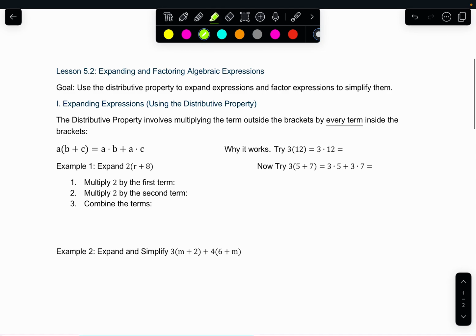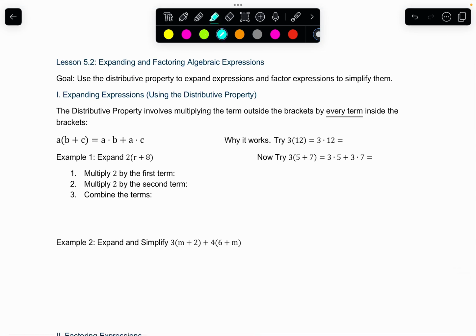Looking at the example provided, it's A times B plus C. That little space between the thing outside the brackets, which is our A, and the bracket just means multiply. So if we have A right next to a binomial in brackets, this B plus C, it means A times B plus C, and it will always mean that.